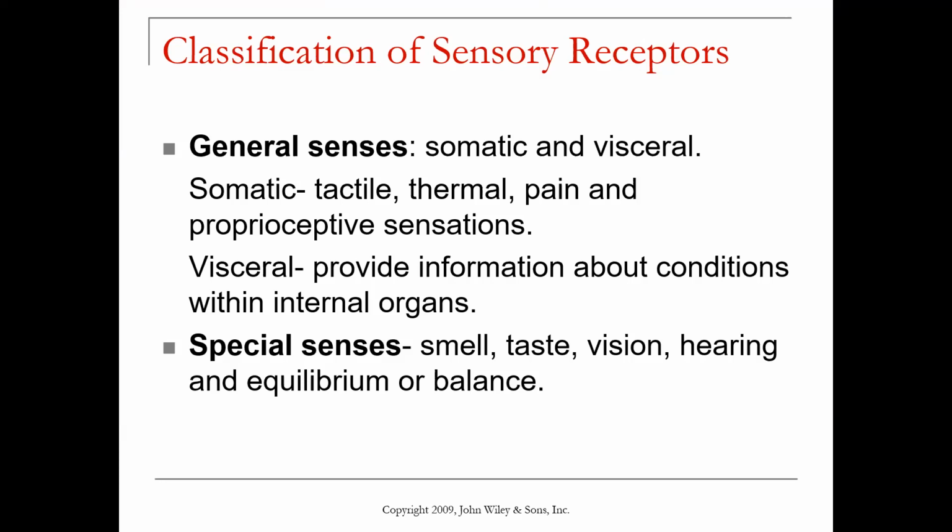The somatic senses are touch, temperature, pain, and proprioception. Proprioception is essentially position in space, if you will. Now, the visceral receptors are going to be dealing with the internal organs, the stomach, the small intestine, the large intestine, the bladder, for example.